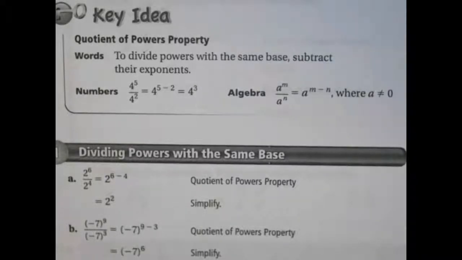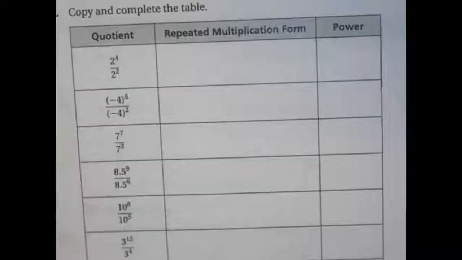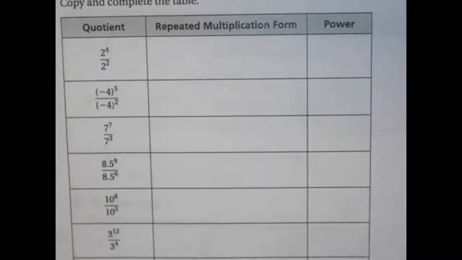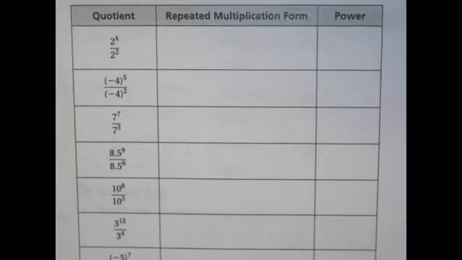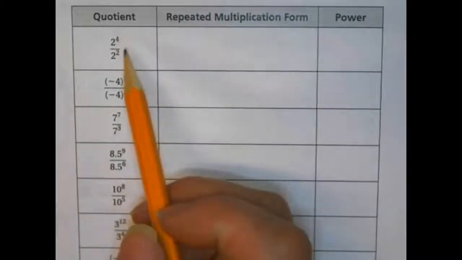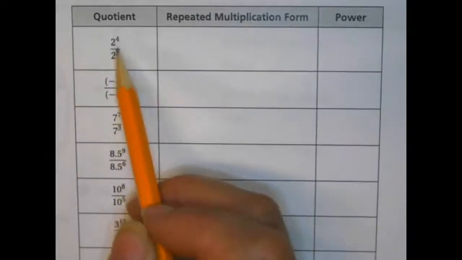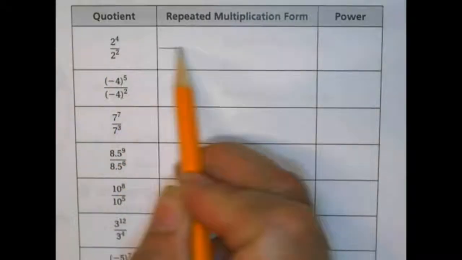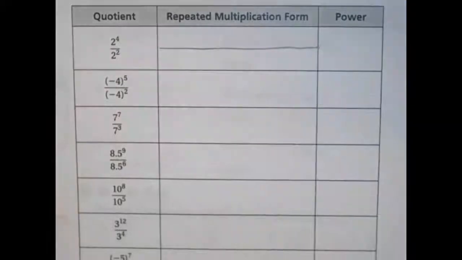Okay, so let's look at this now. I don't need you to copy the table, but I do want you to write down what we're doing. When we do exponents, it's a way of saying repeated multiplication, right?